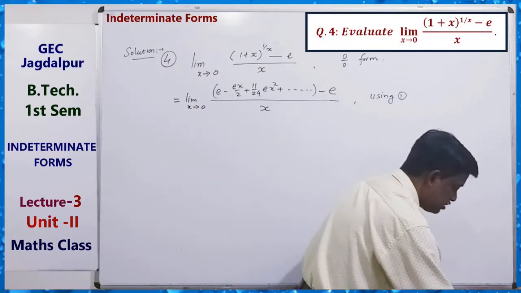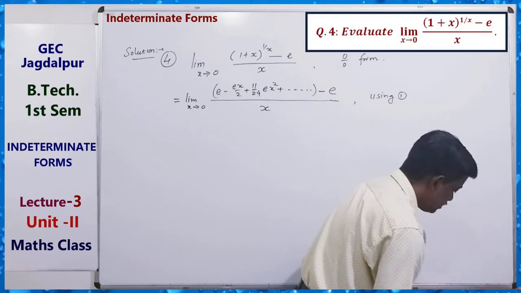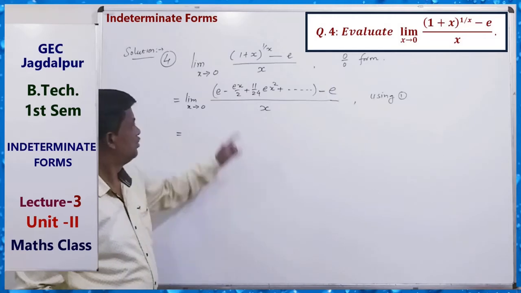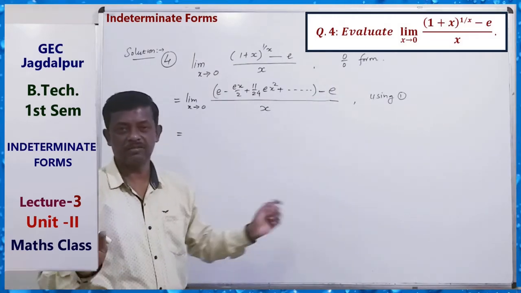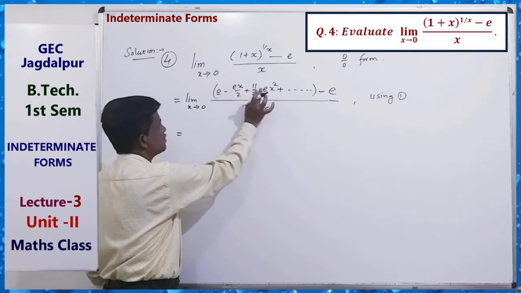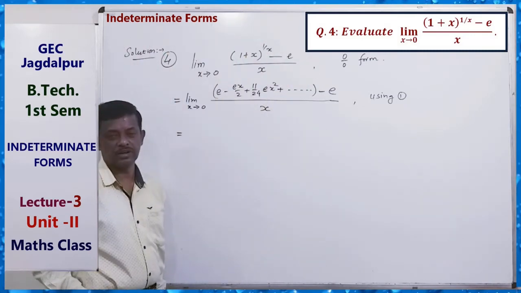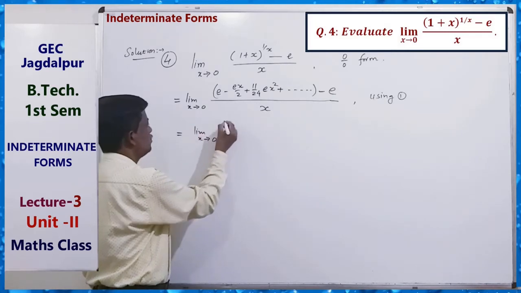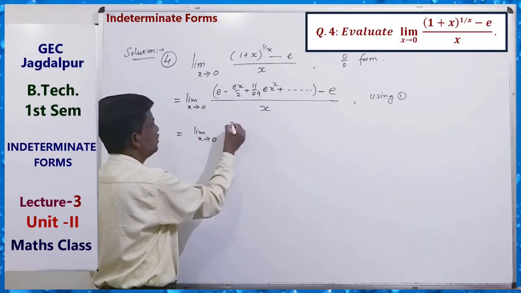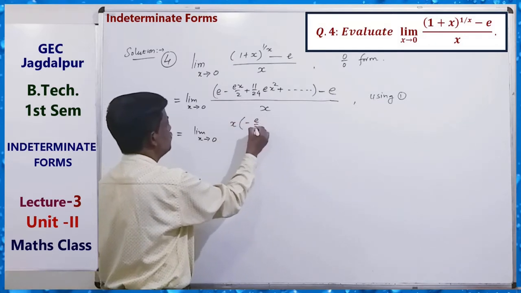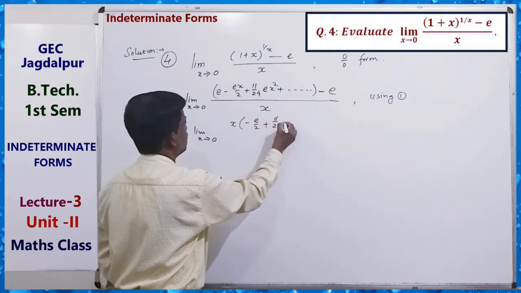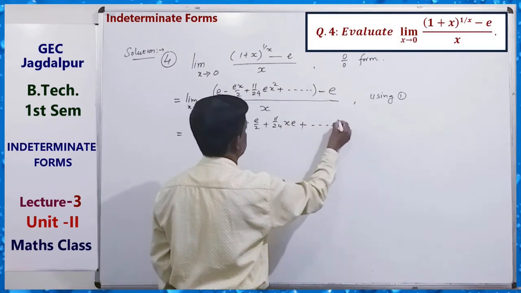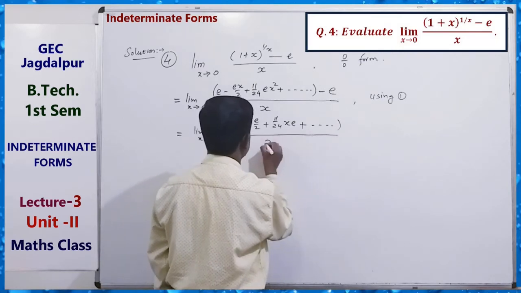Why? Because here e and this e will be cancelled out, and each term will contain x. So here, limit x tending to 0, e cancels, x common, then we get minus e by 2 plus 11 by 24 x e plus and so on, upon x.